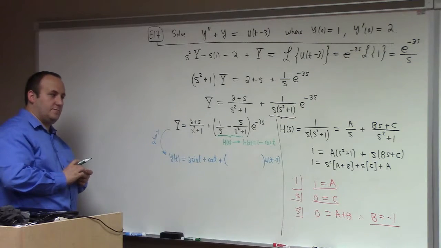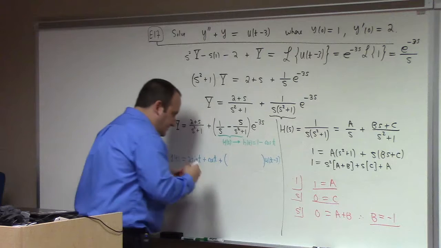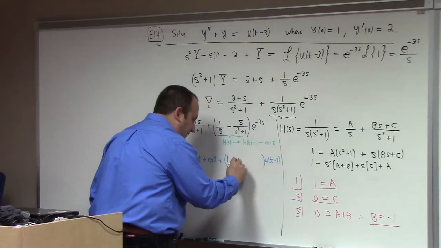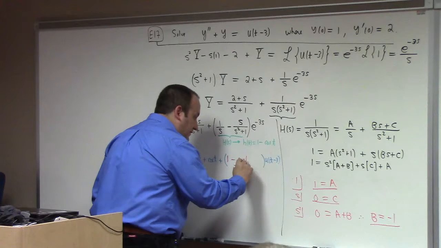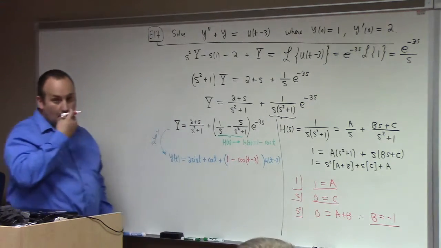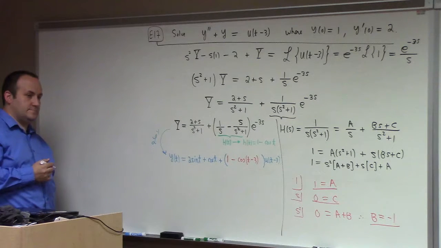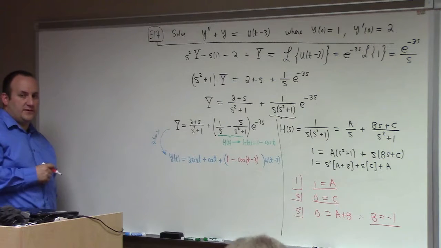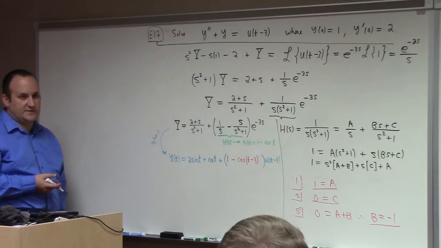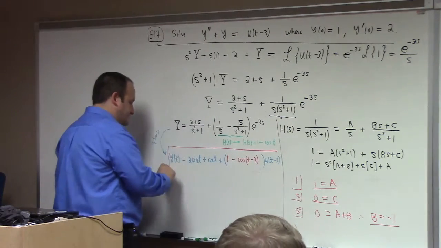So by the formula, I put 1 minus the cosine of t minus 3. There's nothing to do to the 1, right? Evaluate the constant function 1 at t minus 3. It's still a constant function 1. And there you go. That's the answer.